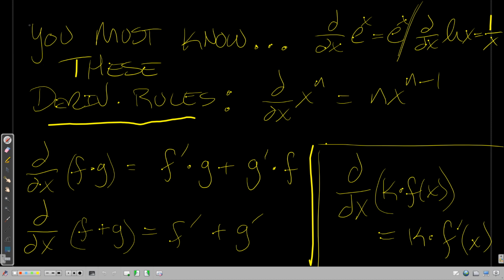So unlike those formulas that are given to you at the top of the test, you must know these derivative rules by heart, right? The derivative of e to the x is itself. It's the unique function with that property. The derivative of the natural log is 1 over x.